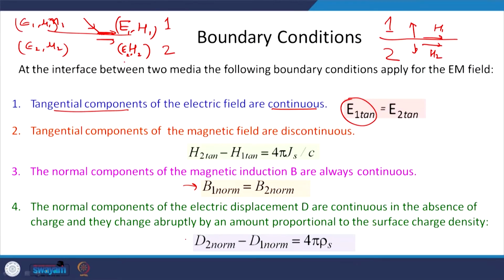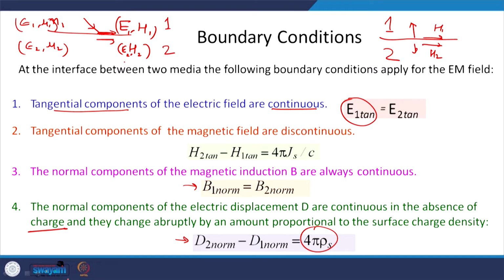However, for the displacement they are discontinuous. They are continuous only in the absence of charge, and they change abruptly if you have any amount of surface charge density. So, if you have a small charge density, then they are not continuous, otherwise they are continuous.